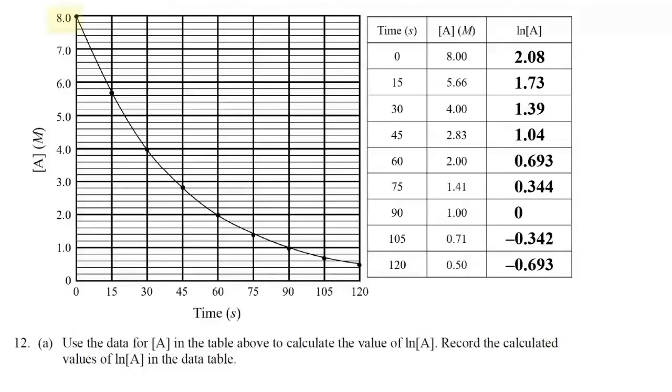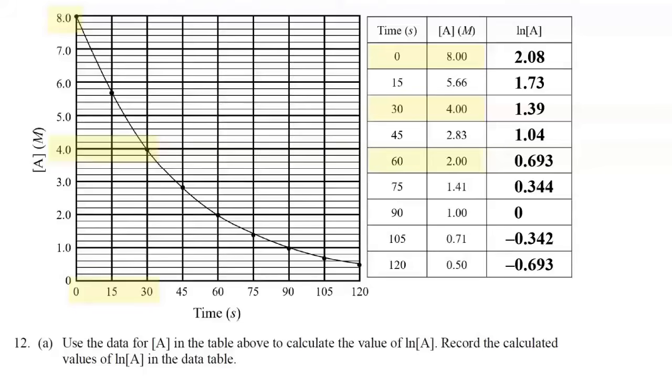Let's see how long it takes for the concentration of A to go from 8 to 4, because that would be half of the original value. Well, it looks like it takes 30 seconds for the concentration of A to change from 8 to 4. Let's see if the half-life remains constant over time. It takes another 30 seconds to go from a concentration of 4 to 2.